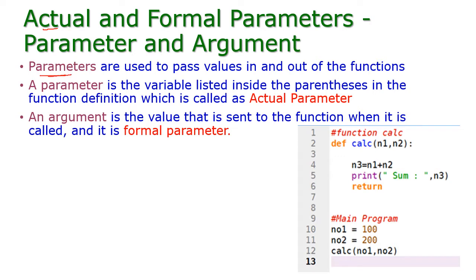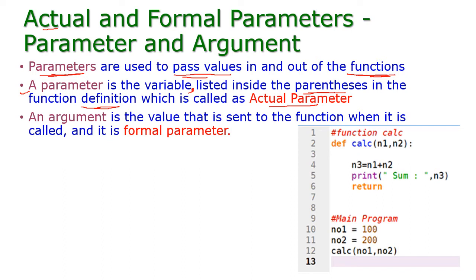Parameters are used to pass values in and out of functions. For calling any function, sometimes we need to pass values to the function through the parameters only. A parameter is a variable, or a collection of variables, listed inside the parentheses in the function definition, which is called an actual parameter.